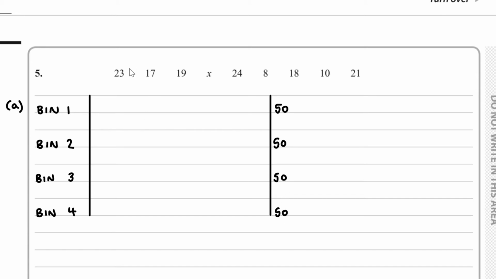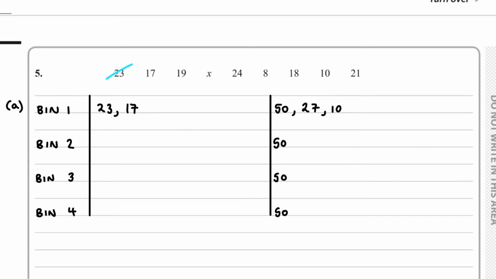So if we take this 23, we place it into bin 1, and let's just cross it off. Therefore the space left over will be 27. Then we've got the 17. Well, there's enough space in bin 1, so we can place 17 into bin 1, and therefore the space left over will be 10.